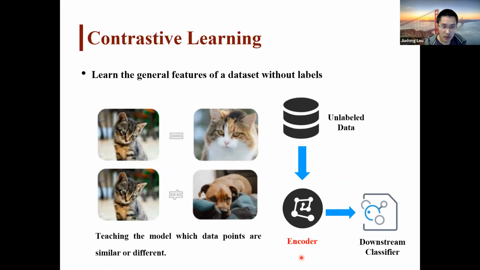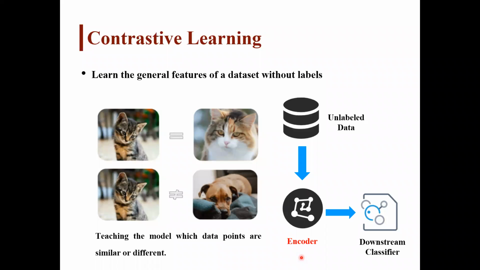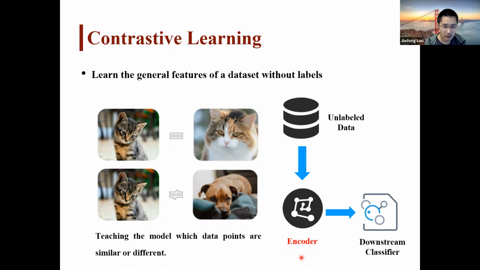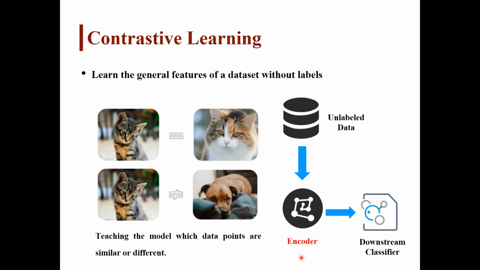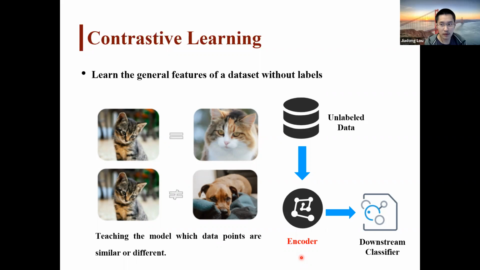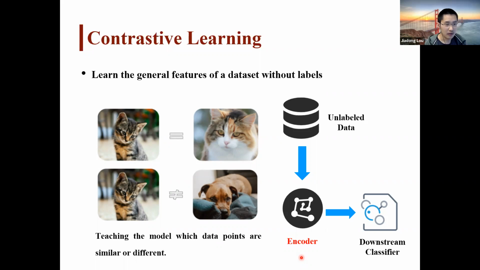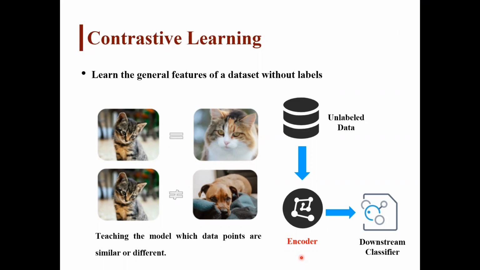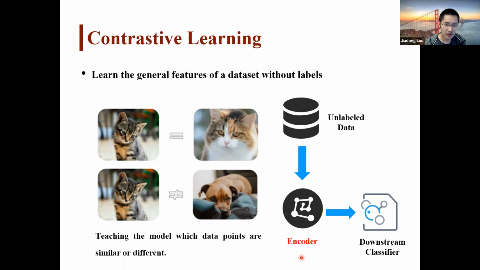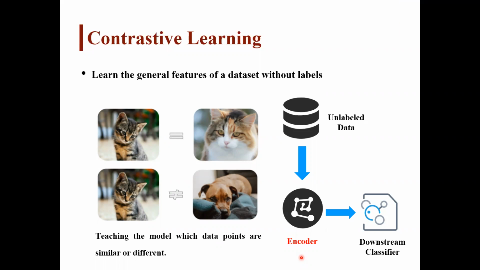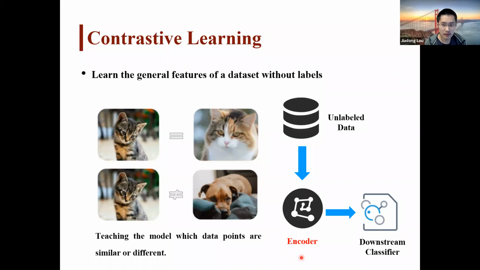No, the encoder is the output of contrastive learning. But here you build a pipeline, right? Eventually, you will use the encoder as a part of the downstream classifier. Yes, because you will generate some vectorized data. Yes, and you can measure the vectorized data's distance to decide which data is close to another one. It's like word embedding. Yes, it is an embedding. Okay.